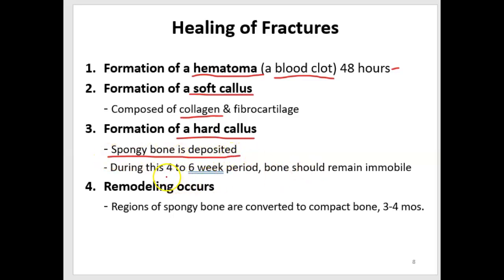And this formation of the hard callus happens over quite a long period of time, depending on the degree of the break, of course. And the bone needs to remain in perfect alignment, and so it should be immobile during this time. It's still malleable at the soft callus stage, but not so when you're forming a hard callus.